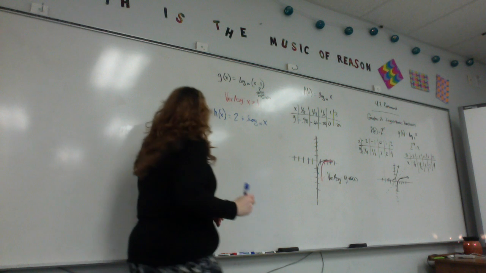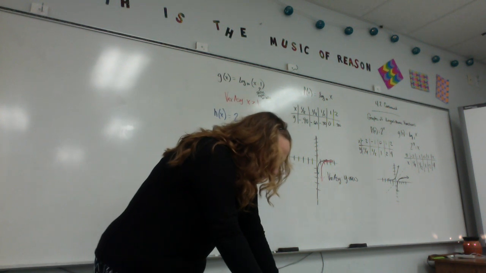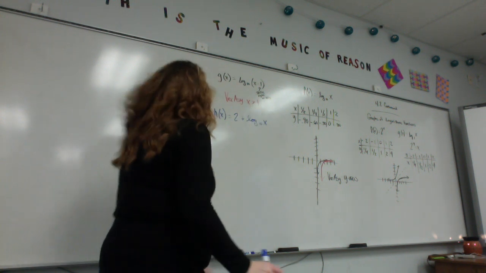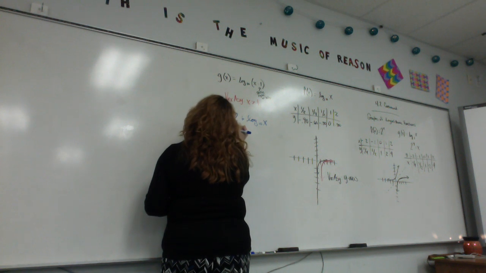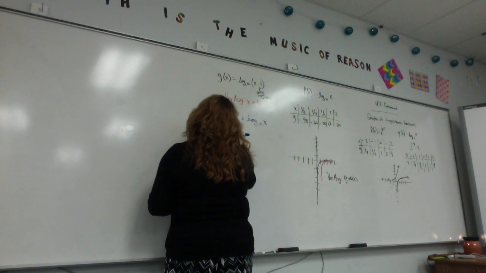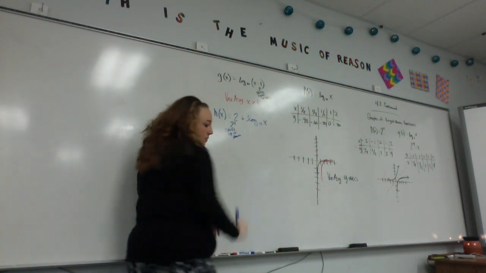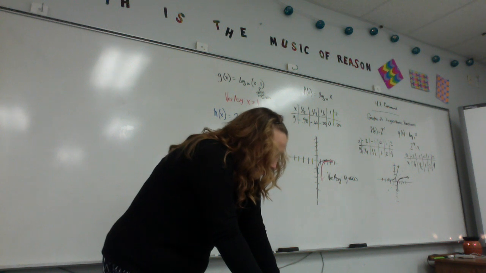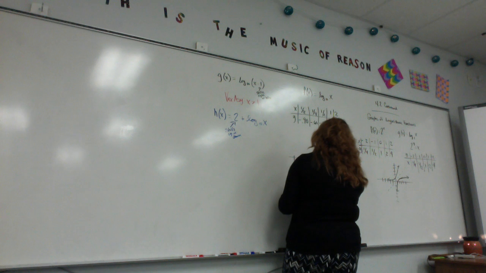So if I have something like that, with the 2 added to the outside, this tells me if I'm shifting up or down. In this case, I'm shifting 2 units up. So from this original graph here, I'm going to shift this 2 units up.